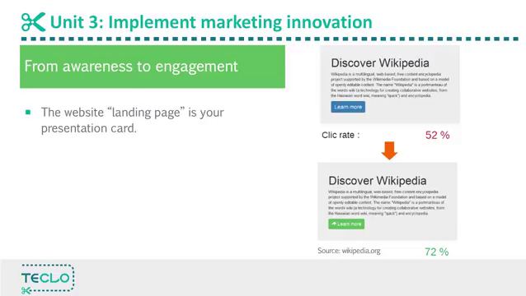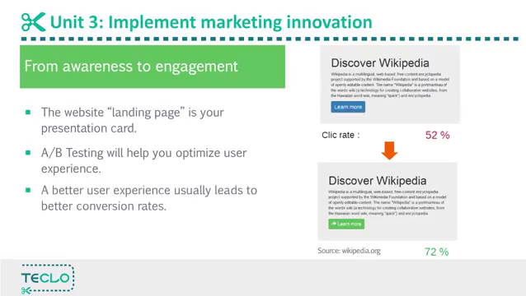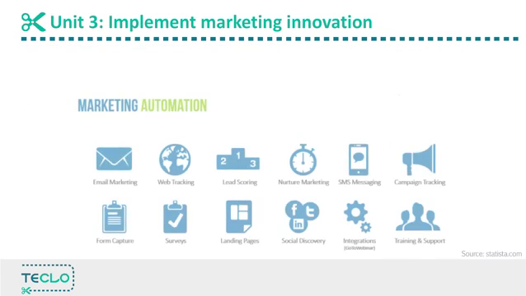This is your main page and hence the image of your company, so you need to make sure that it makes a good impression and that people easily find what they're looking for. A tool that you can use to see what works and what doesn't is A/B testing. This will help you see what works better. In this example, a simple colour change of the call to action button improves click rate by 20%.